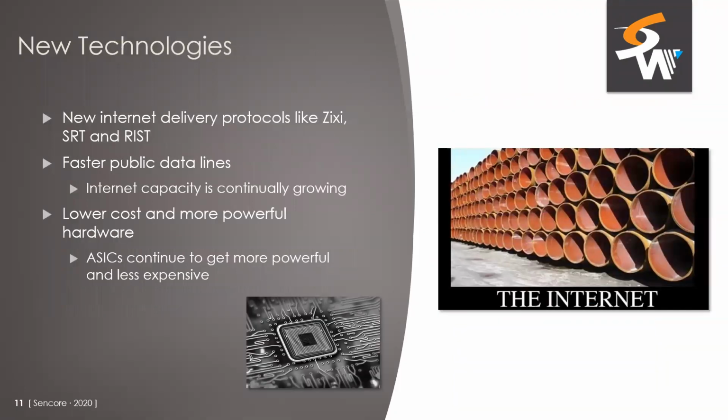So why else? A couple of other things here on why we should change. There have been a lot of advancements in technology in the last 5 to 10 years. Really, the big ones are the internet streaming protocols. Back in the day we tried this, doing SMPTE 2022-1, just basic MPEG over IP, error recovery, forward error correction, trying to put content over the internet using that FEC.